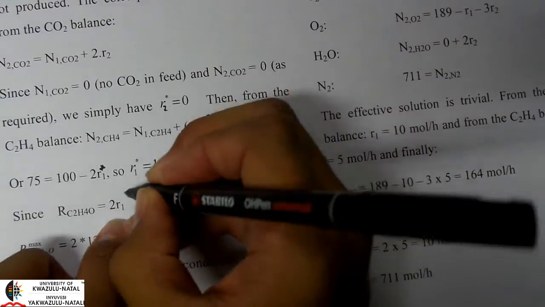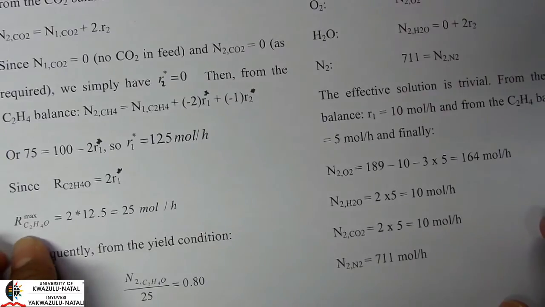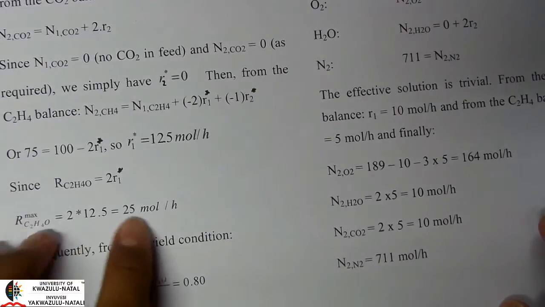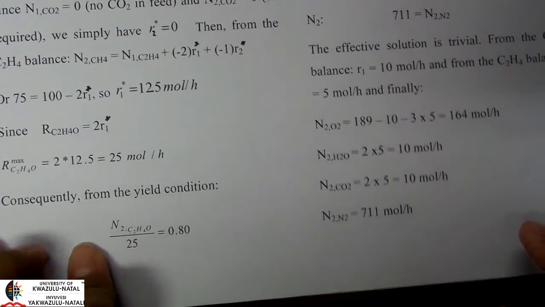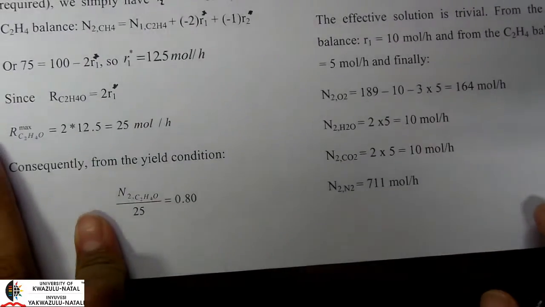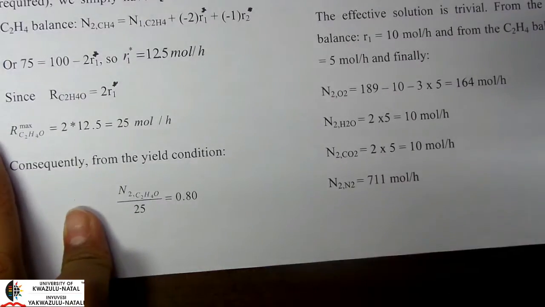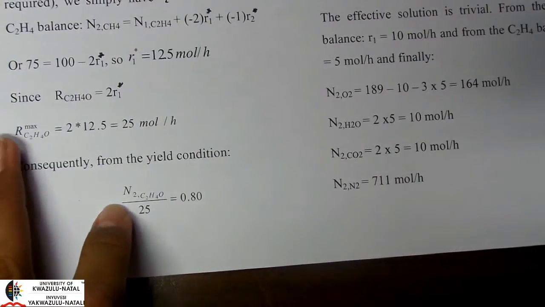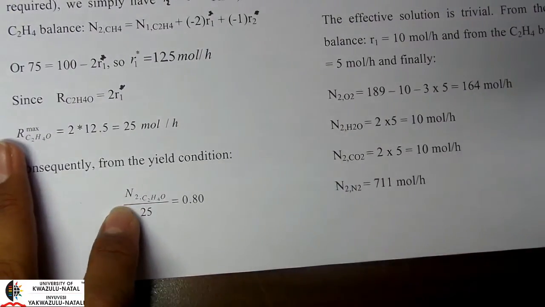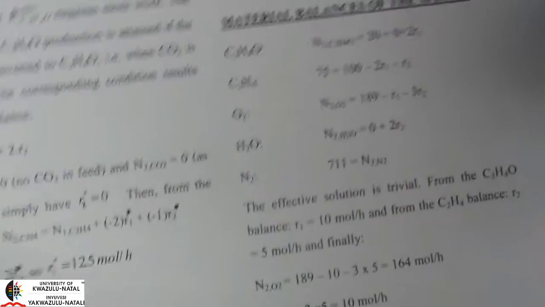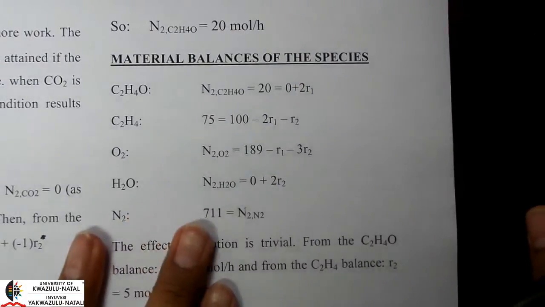So therefore we look at 2 times R1 star, and that is our maximum production rate of oxide, ethylene oxide. So once we've obtained our maximum production rate, we can use our yield equation and get our actual production rate, which is of course equal to our output of ethylene oxide. Okay, so that's our output there.